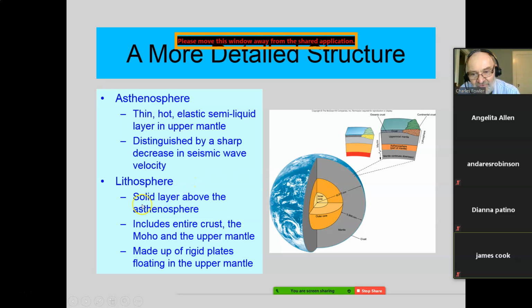Now, that part, the lithosphere, that's what's made up of these rigid plates. They're solid, but they're not all connected. That means there are these rigid plates in between. Within the plate they're solid, but between plates it's not. Okay? That's the whole essence of the theory of plate tectonics.